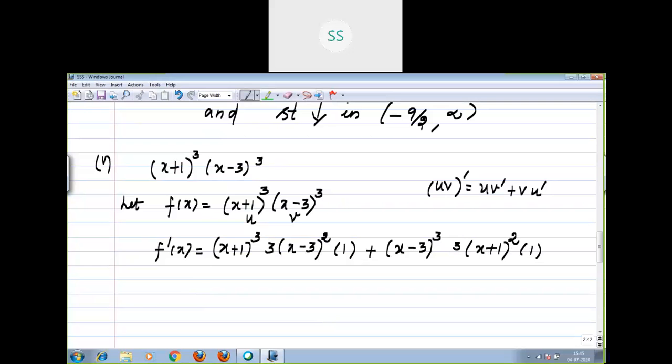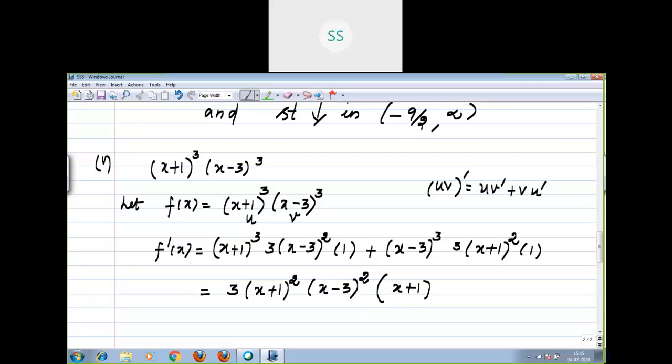Now we will pass on to the next step, right? Here you have to see which is common. 3 is common. Next, x plus 1 the whole square is common. Next, x minus 3 the whole square is common. What should be the rest in the first place? x plus 1.